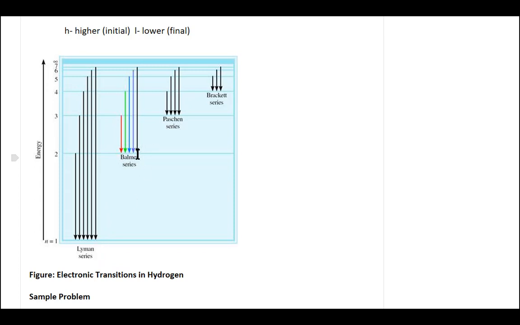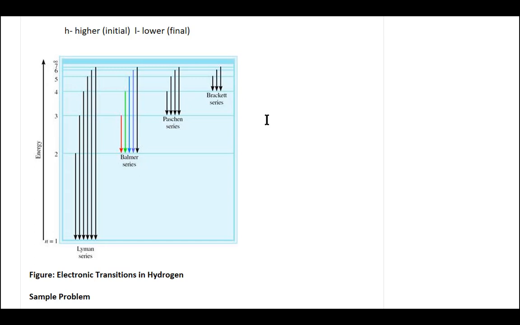The Balmer series are electrons falling to the 2nd energy level, and then there's the Paschen falling to the 3rd, and the Brackett falling to the 4th. This isn't something you need to memorize, but it is common that you do see it, and it does give you a good sense of visually what is the amount of energy associated with transitions that we are able to see, and how does it compare to transitions that we're not able to see.